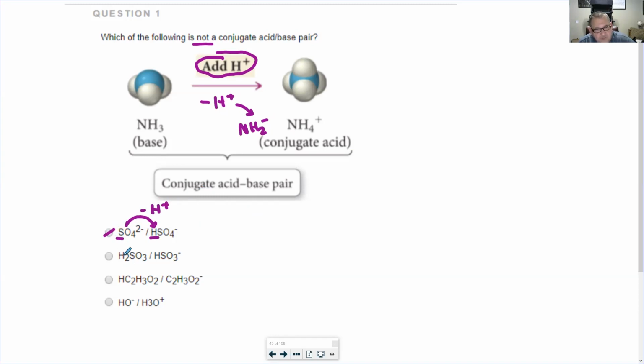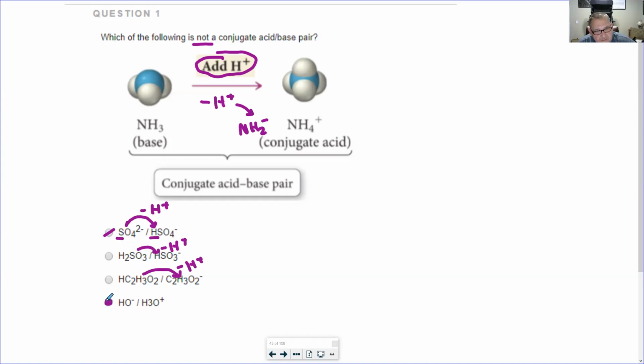If I look at the next one, sulfurous acid and the bisulfite ion, to go from one to the other, all I would have to do is lose a proton. The one below was formic acid, and formic acid would have to lose one proton, and it would become the formate ion. So the last one was actually the correct answer in the system.